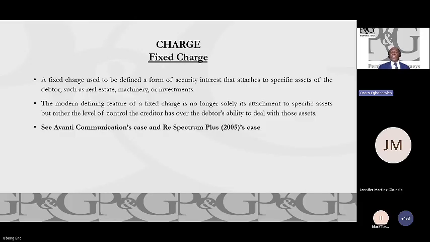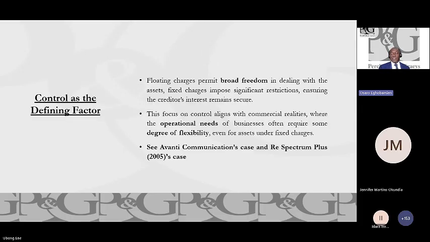So if the chargor has control over the assets, it's effectively a floating charge. If the chargee has control over the asset, it's a fixed charge. That distinction has become extremely relevant, and that distinction informs how we create charges in our documents, because the courts are quick to recharacterize a charge as floating when the parties intended it to be fixed.